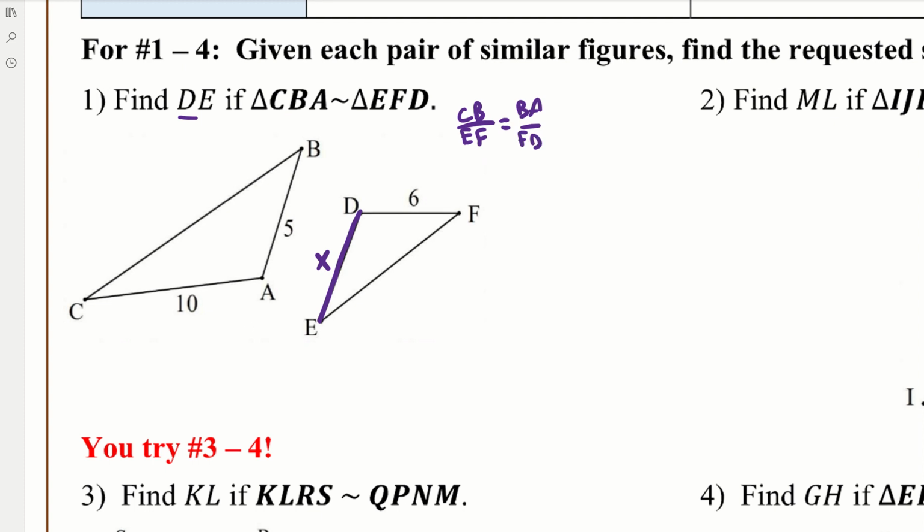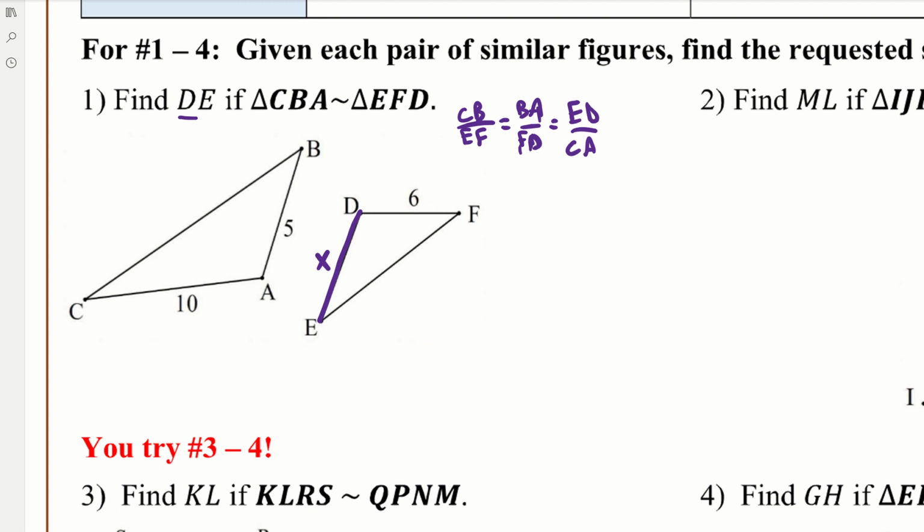And then that ratio is in turn the same as ED over CA. I don't know all of these sides. For example, I don't know this side length. I don't have that information. So this ratio is not going to be useful to me. I don't want to use that one.